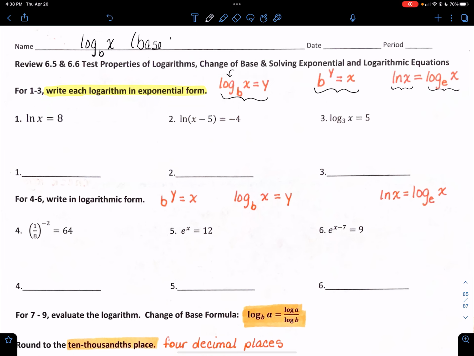So the base here is whatever b is. If I have log of x and they don't tell me the base, then on this one we know the base is understood and it is 10. And for the last one, if they give me ln of x, the base is understood to be e.